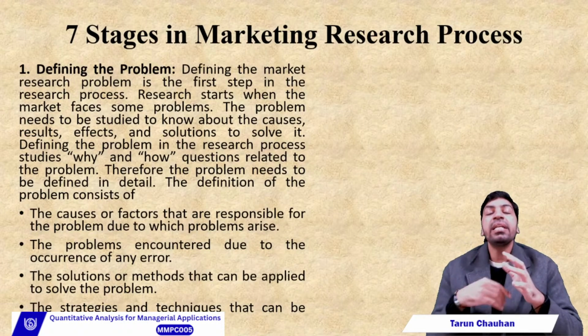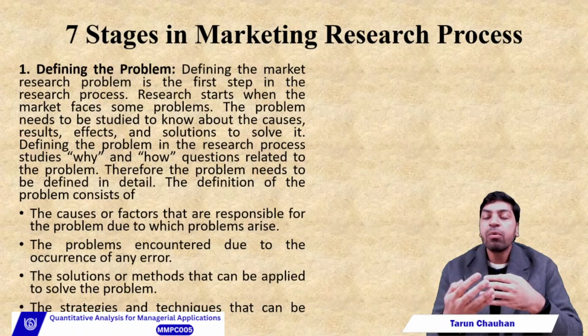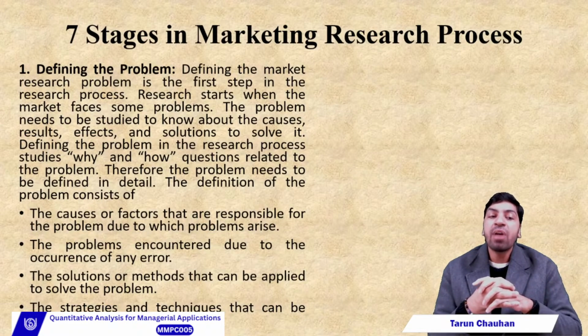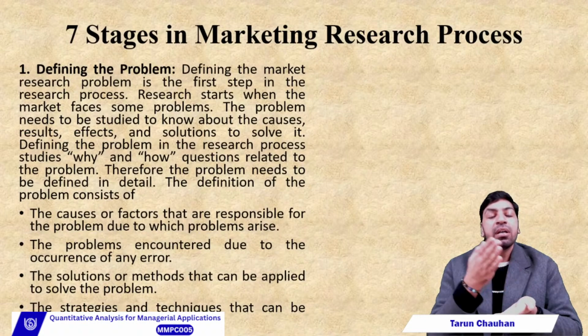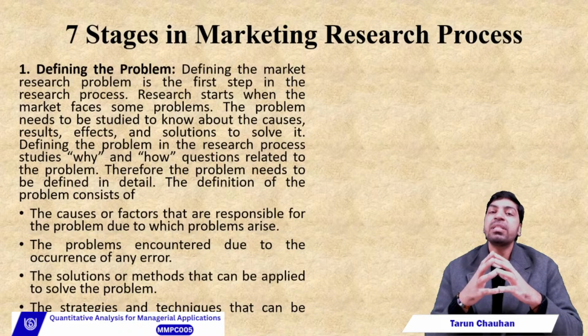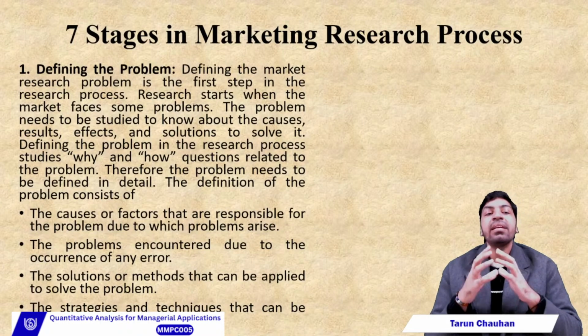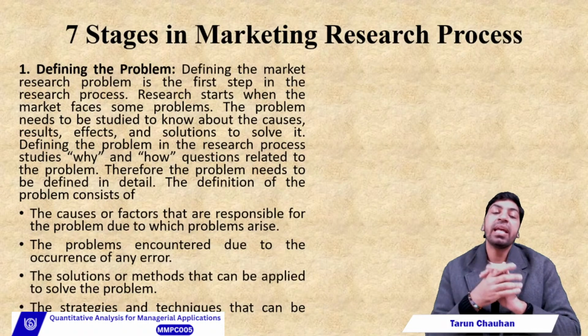So ultimately, defining the problem in the research process means why and how questions would arise to be answered. So the problems need to be defined in detail, and the definition of such a problem would consist of four main elements.